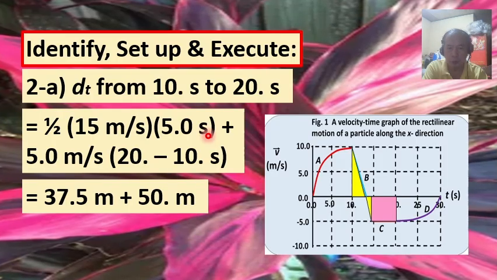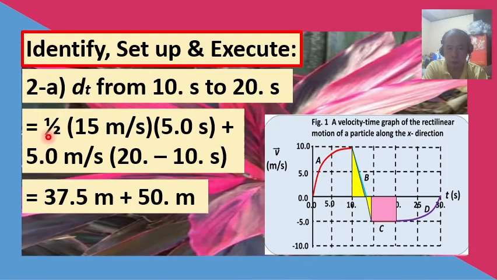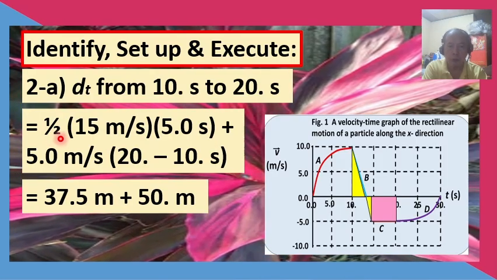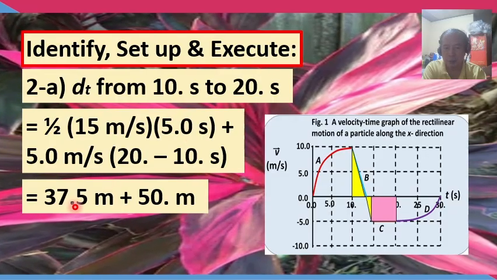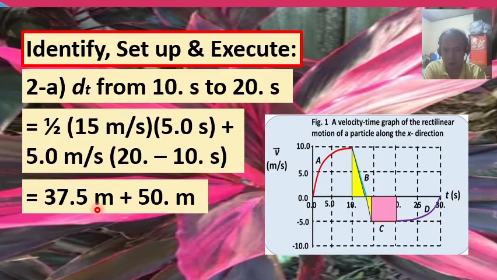So when we multiply this and get the total area, we get 37.5 meters.